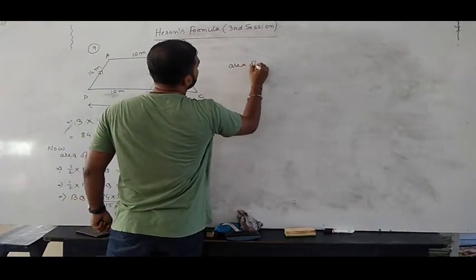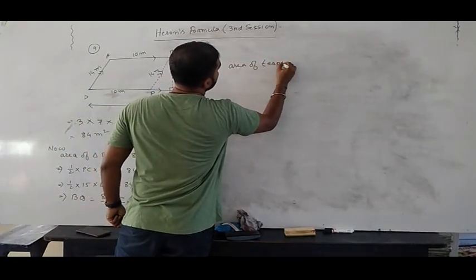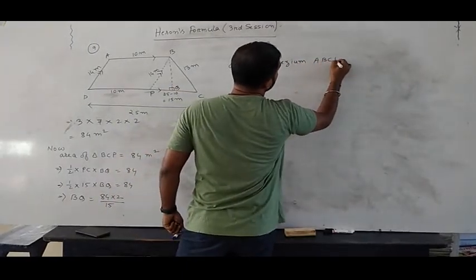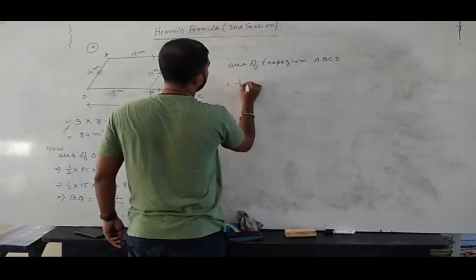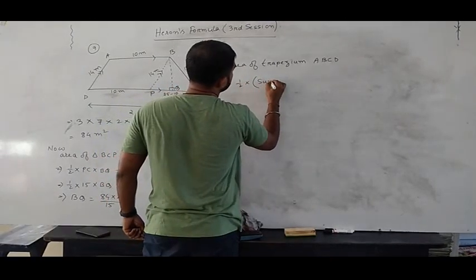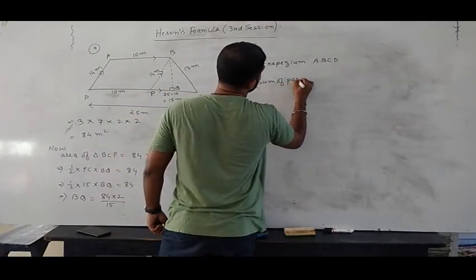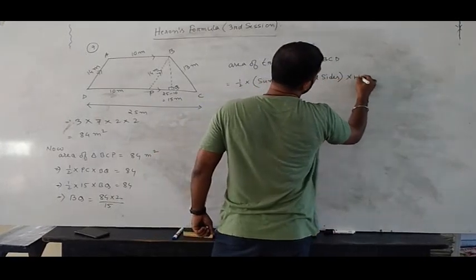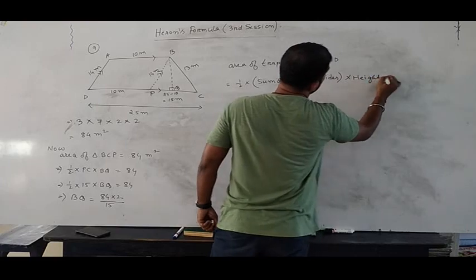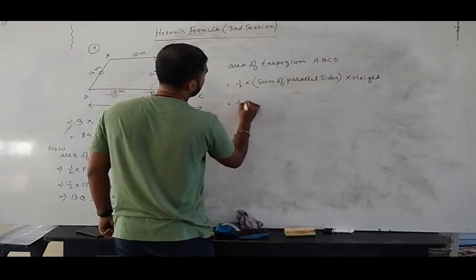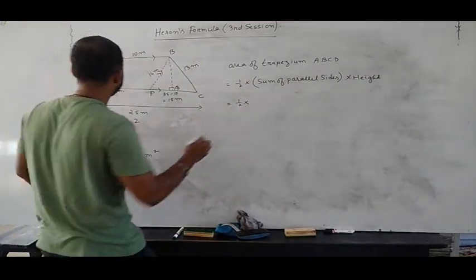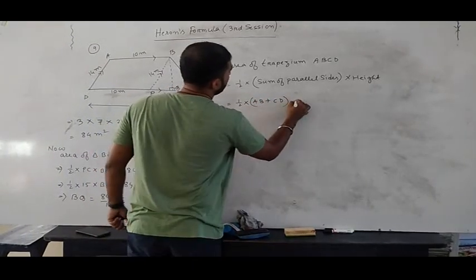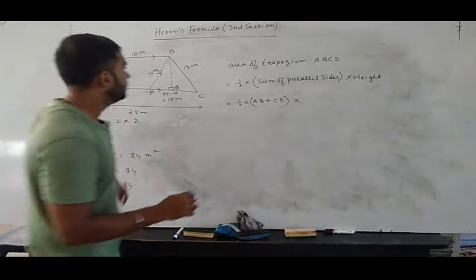So, area of trapezium ABCD equal half into sum of the parallel sides into height. The parallel sides are AB and CD. And height, what is the height? Height means BQ.